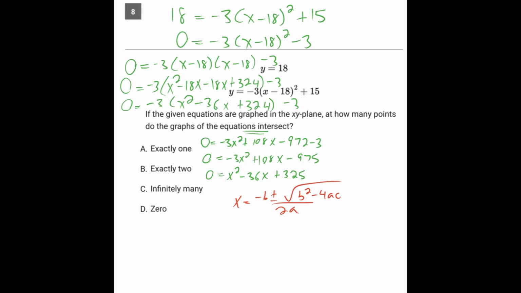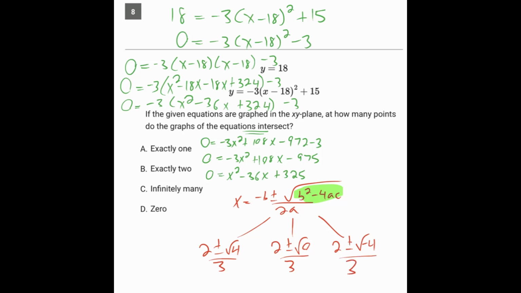And the discriminant is this part of the quadratic formula. Based on the sign of the discriminant, you can have different numbers of solutions. So I'm going to make up some numbers just to show what happens: 2 plus and minus root 4 over 3, 2 plus and minus root 0 over 3, and 2 plus and minus root negative 4 over 3.